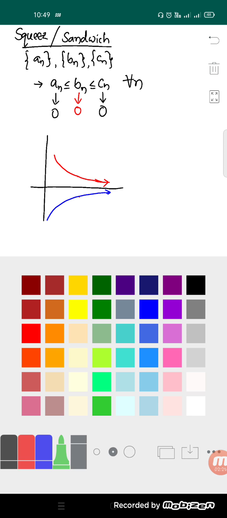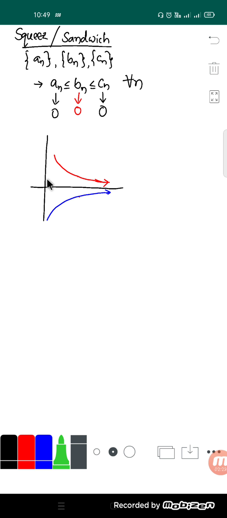Then our bn may look like this, for example. So this curve is sandwiched between an and cn. This is an, this is cn. Okay, so that's the theorem.